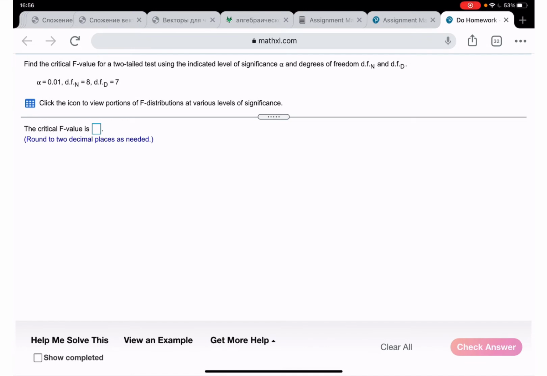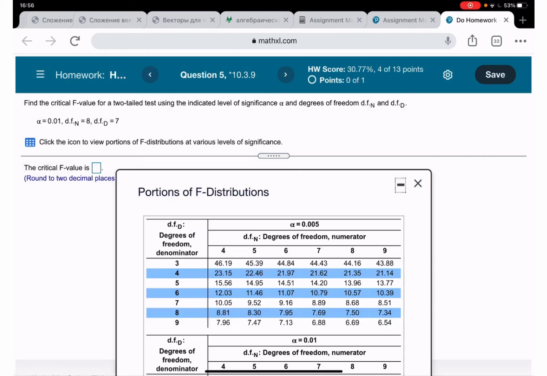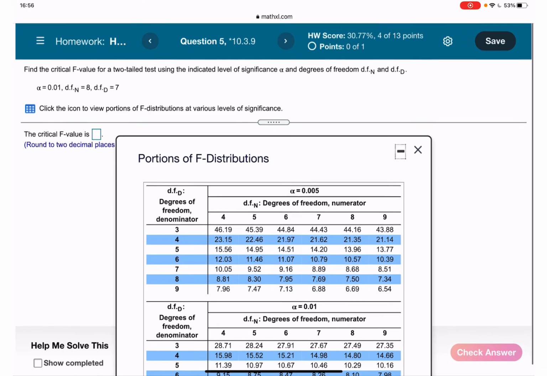So this is question number 5. The same way, we need to find the critical value, two-tailed. So we need to split, and we have 0.01, so it's going to be 0.005.